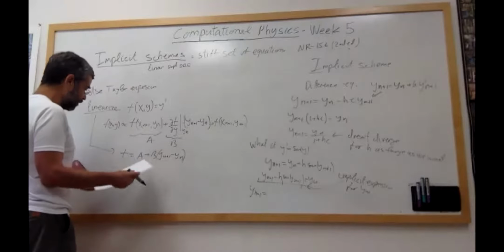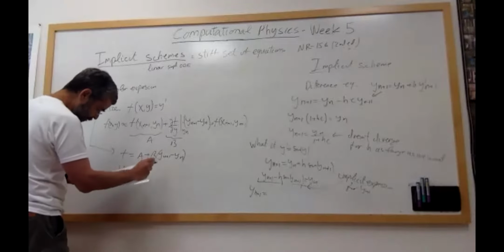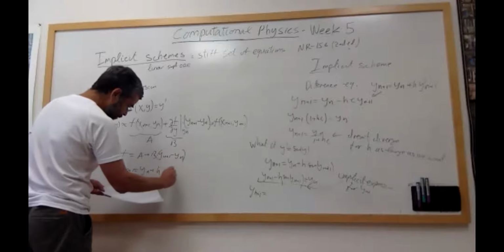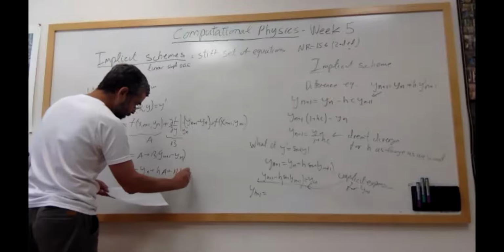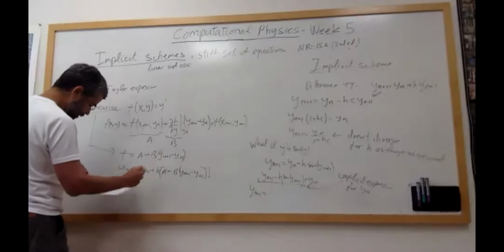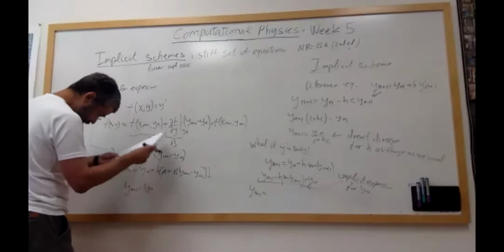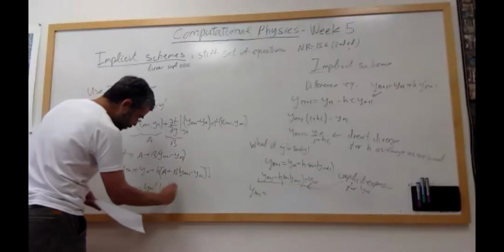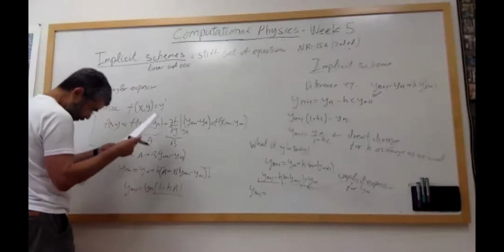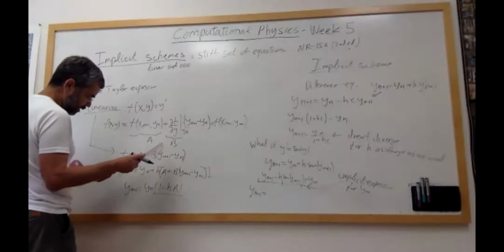And so with this expression, in the implicit scheme, yn plus 1 would be yn plus h times A plus B times yn plus 1 minus yn.